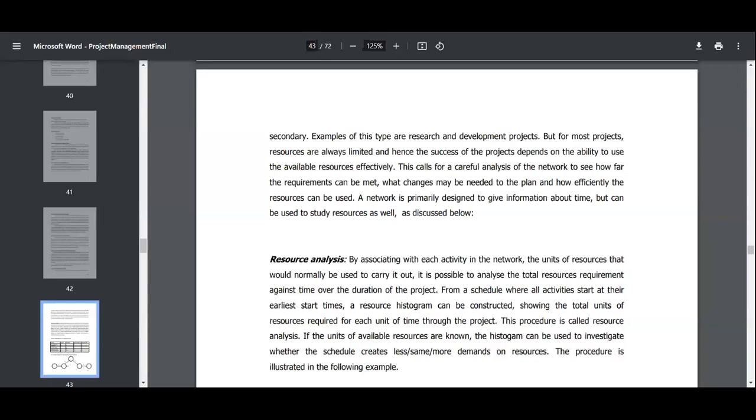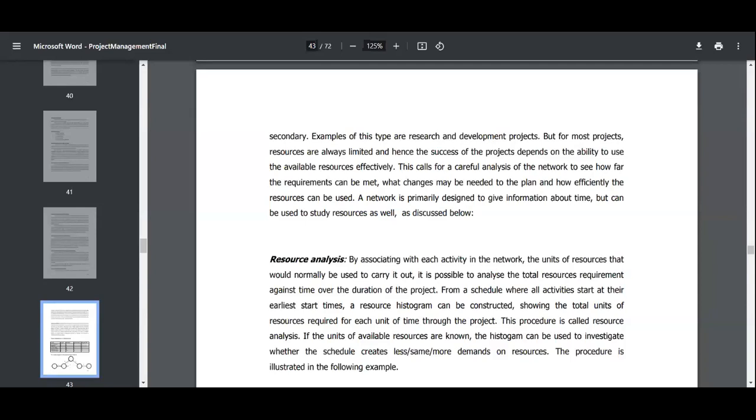What is resource analysis? By associating with each activity in the network some units of resources that would normally carry it out, it is responsible for analyzing the total resource requirement against time over the duration of the project. It is important.